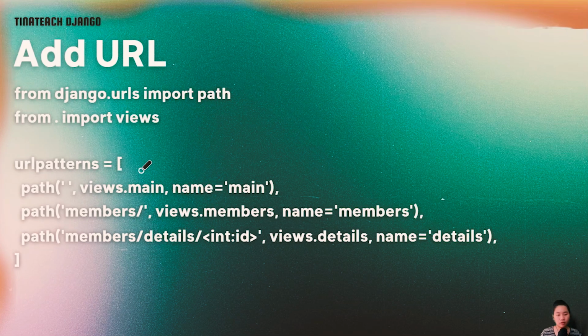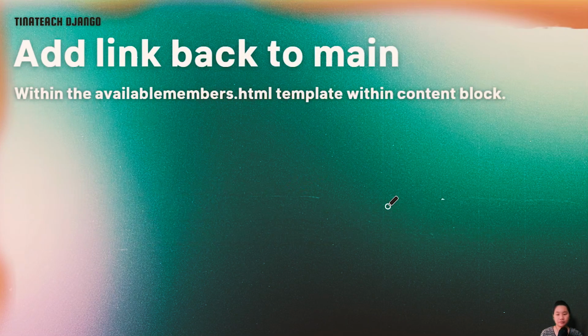Anytime you have a new template or want to change anything regarding the templates, these are the two files that you bounce between. First path main, members view, and then members details, you get the gist. And this is the new one that we've added in, views.main, name equals main.